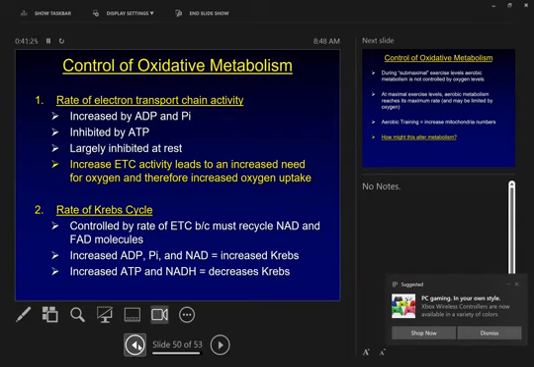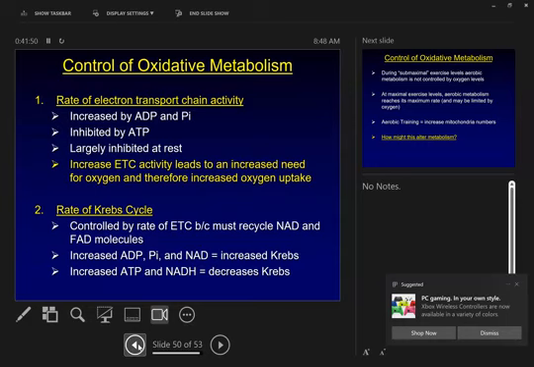Okay. So let's talk about Krebs cycle electron transport chain control. Electron transport chain basically is controlled by ADP. Just like the other things, as ADP levels rise, the electron transport chain will speed up.